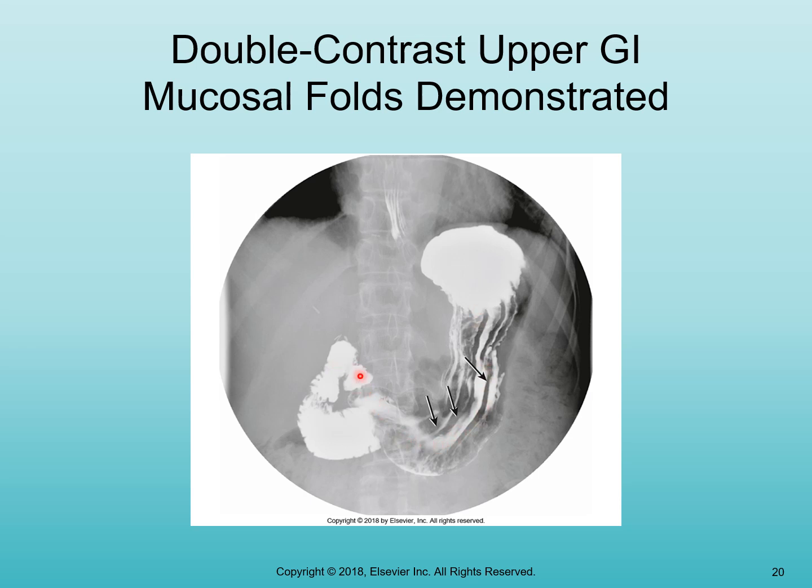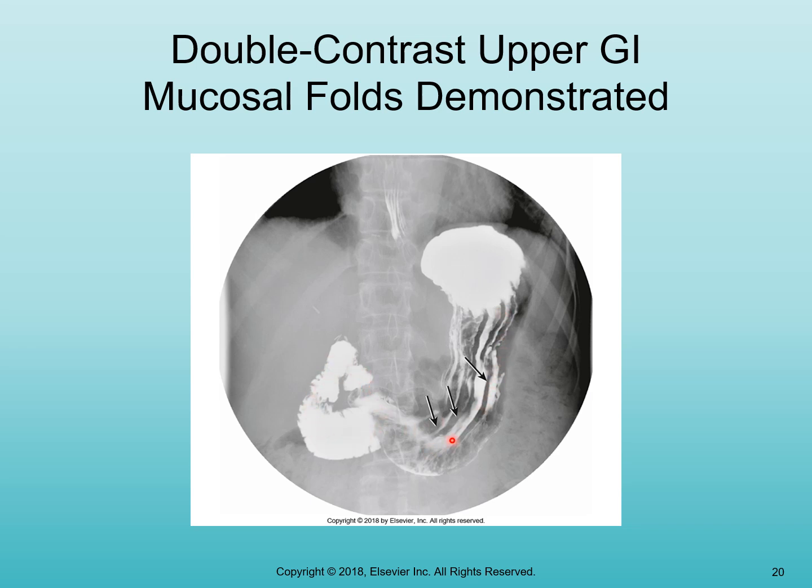And then we have barium in the C-loop of the duodenum. This would represent the duodenal bulb. And then you've got the superior portion, descending portion, horizontal portion, my bad, and then ascending portion. So this is the C-loop of the duodenum.